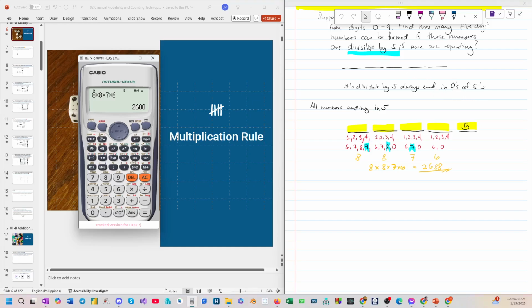Okay, so let's solve for it. So all numbers ending in 0. Yan na lang natin siya, 0. Alright, so tingnan ulit tayo. 1, 2, 3, 4, 5.